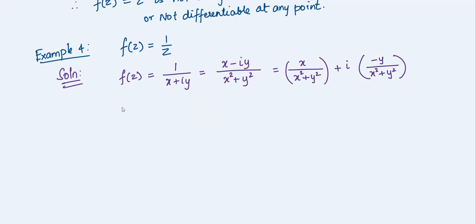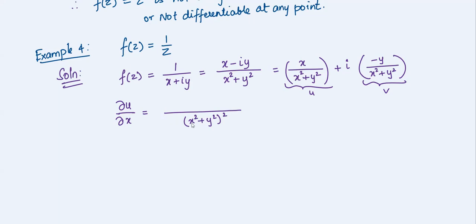So now dou u by dou x. So this is u and this is v. So dou u by dou x, when you do, you get, differentiate this partially with respect to x.